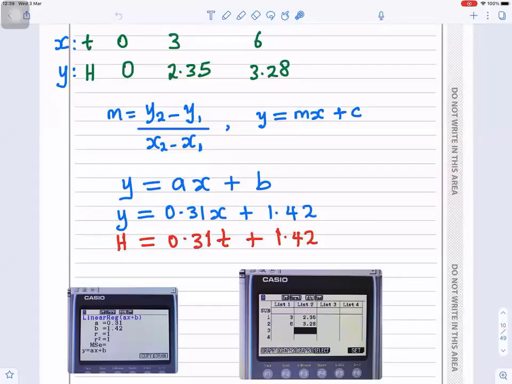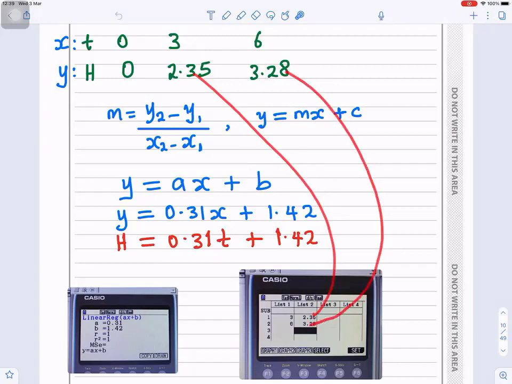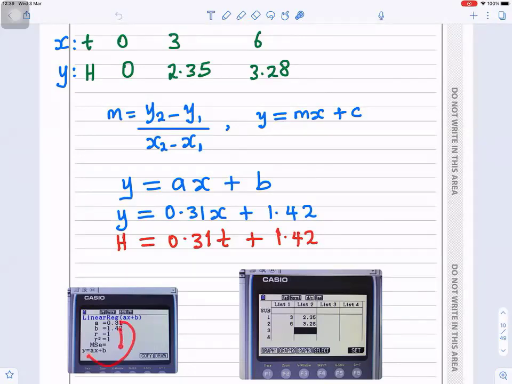And you may wonder where we got this 0.31 and 1.42 from. If you enter this number in your calculator using statistics mode, so you enter the 3 and you enter the 6, enter the 2.35 and the 3.28, and you use the linear regression, it would give you the gradient of 0.31 and the intercept of 1.42.